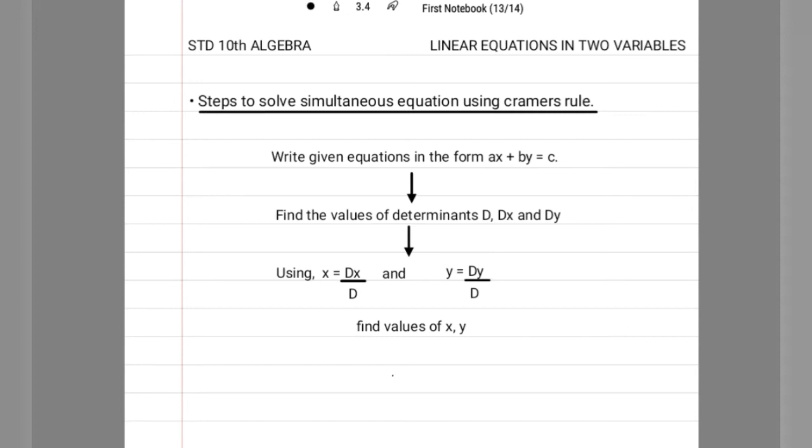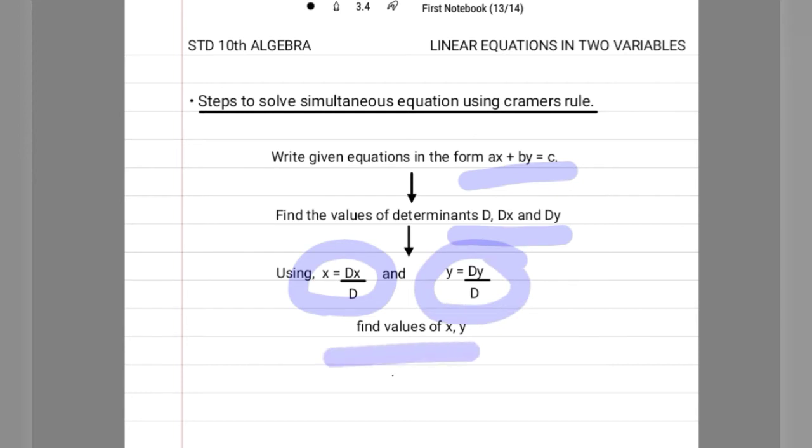First of all, the given equations should be written in the form ax plus by is equal to c. This is the first condition. After that, we have to find the values of three determinants, that is d, dx and dy. After finding them, we just put them in the formula: x is equal to dx upon d and y is equal to dy upon d, and get the values of x and y.